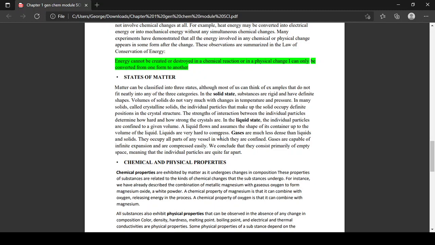They assume the space of any container they are given: liquid. Gas. Kids, they are compressed very easily: what is it? Gas, sir. Basta, kids, compressed very easily, it is a gas. That is a gas. So again, the 3 states of matter are solid, liquid, and gas.